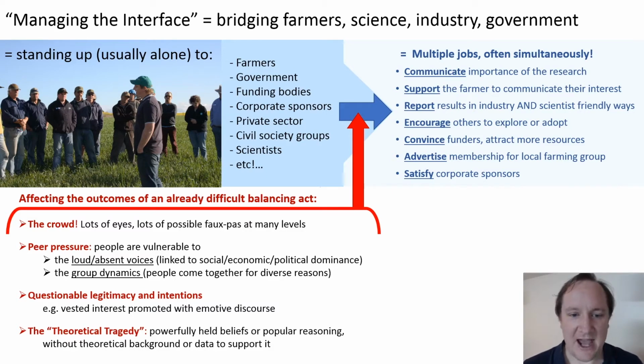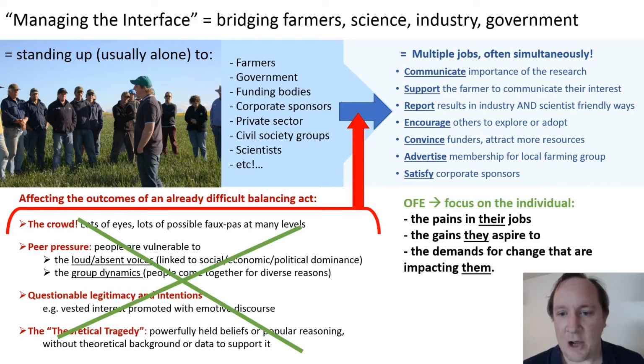And this is where powerfully held beliefs or popular reasoning comes about without a theoretical background or data to support it. OFE deals with these issues inherently because it focuses on the individual. It does this because we're able to focus more acutely on the pains in people's jobs, the gains that they aspire to, and the demands for change that are impacting them today.